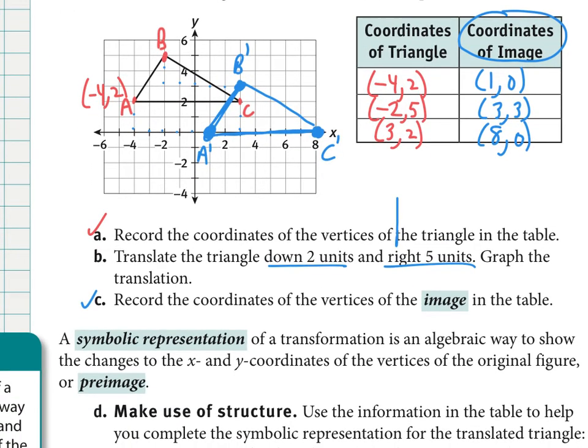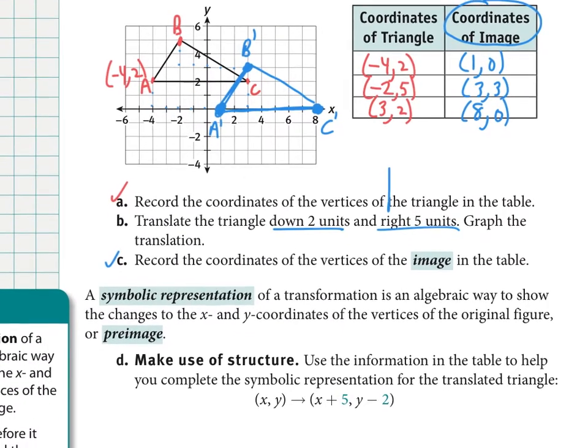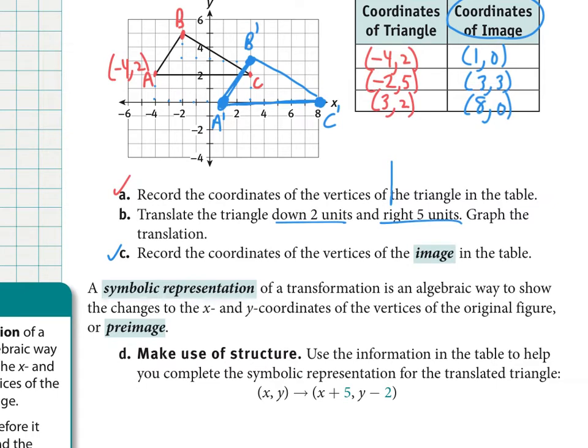Okay, let's see what we are going to do now. So a symbolic representation of a transformation is an algebraic way to show the changes. We could just use words, like the verbal representation was down 2 units, right 5. But if you take a look down here under part D, the way that we can show this same transformation symbolically is just like this.